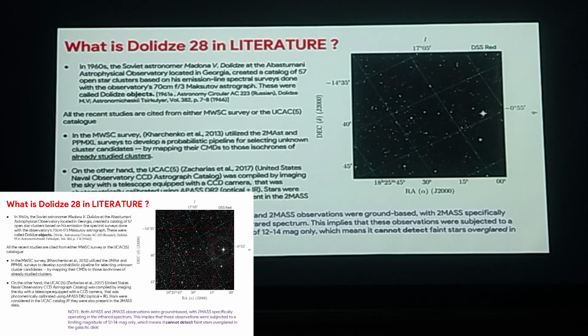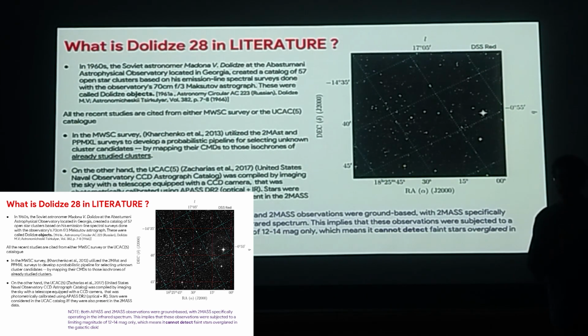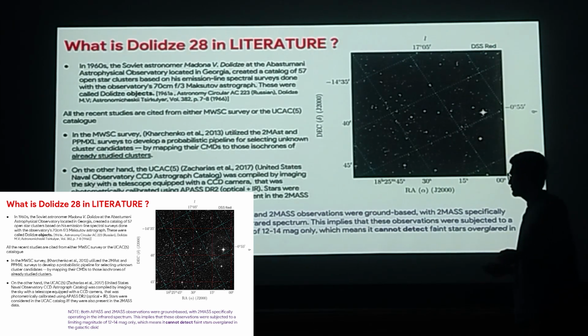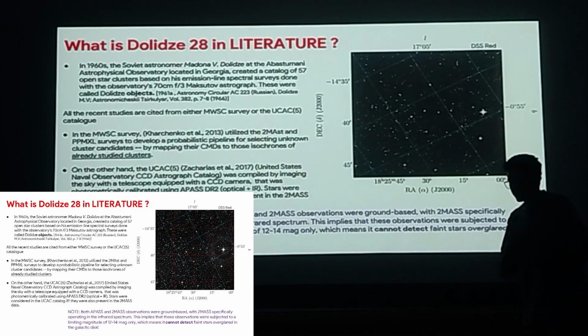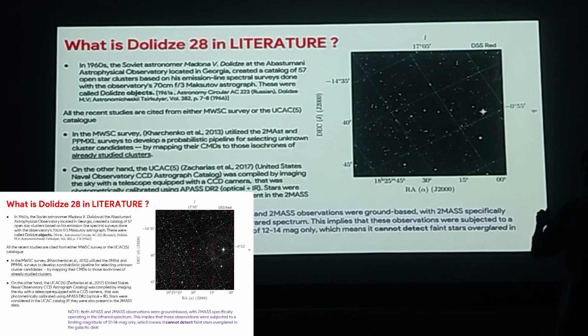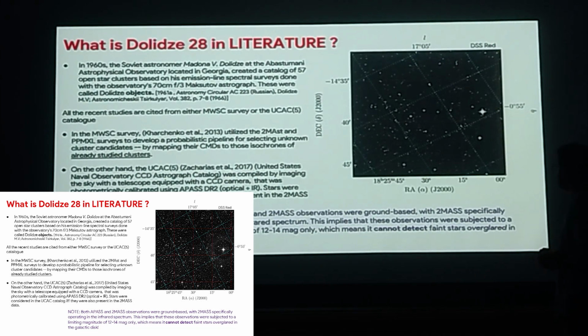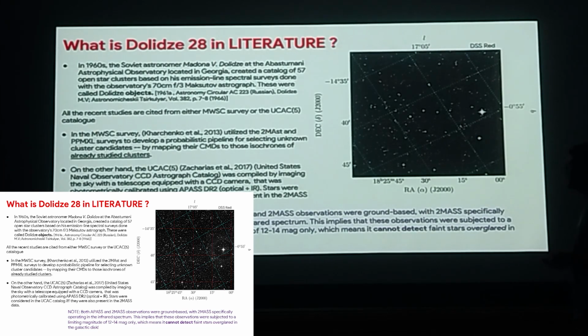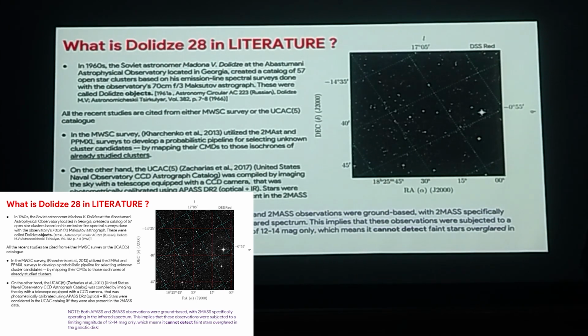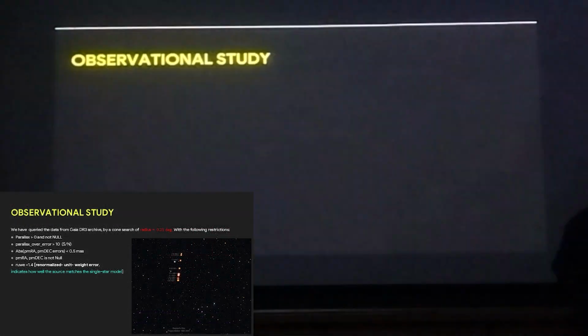This means their observations were subjected to a limiting magnitude of only about 12 to 14 magnitudes. If you recall, higher magnitudes means the stars are fainter. So these two catalogs cannot detect faint stars that are overglared in the galactic disk, and we will see a reason for this shortly.